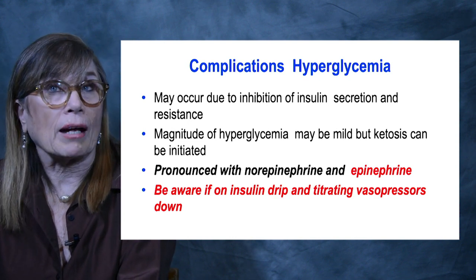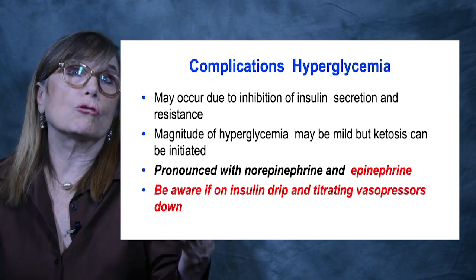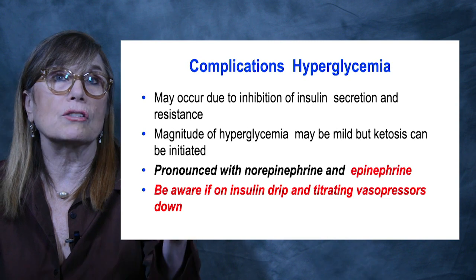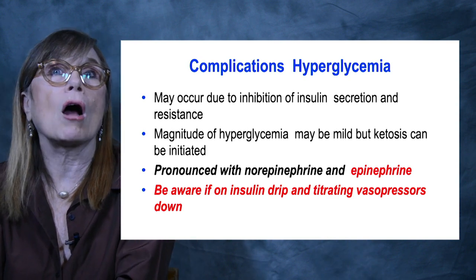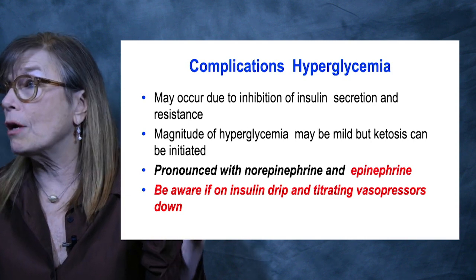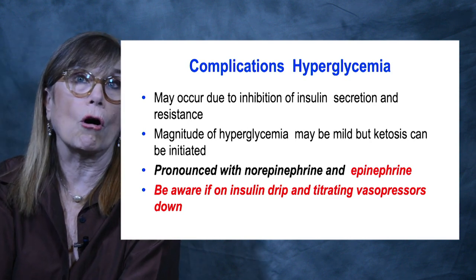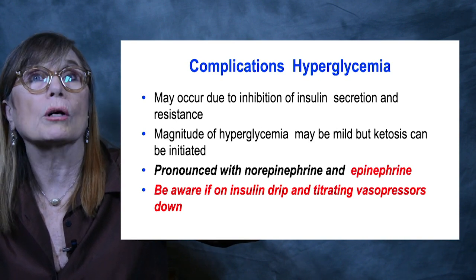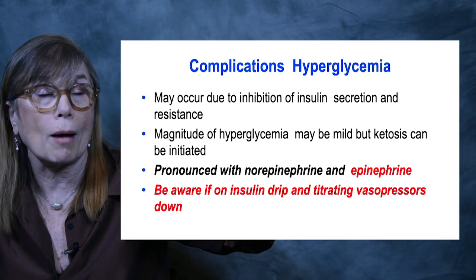Now here's the thing. When we have patients who come straight from the OR after cardiac surgery, they'll be on epinephrine, they'll be hyperglycemic, they'll be acidotic, and they're on an insulin drip. And the number one goal for those patients is to titrate their vasoactive substances down to off. As you're titrating norepinephrine or epinephrine down, you're going to see the blood sugar drop as well.